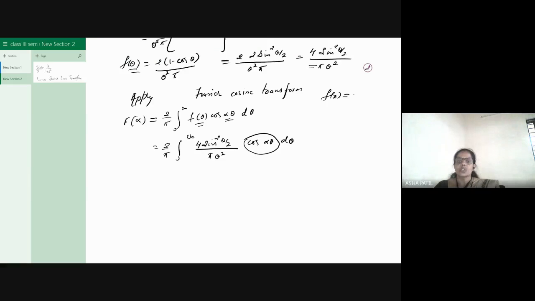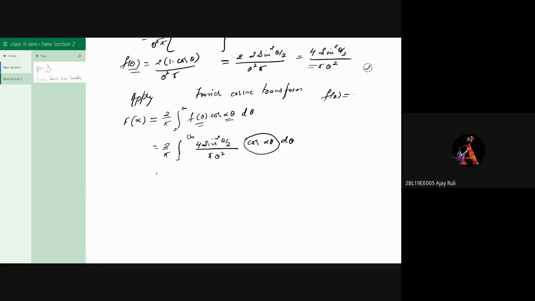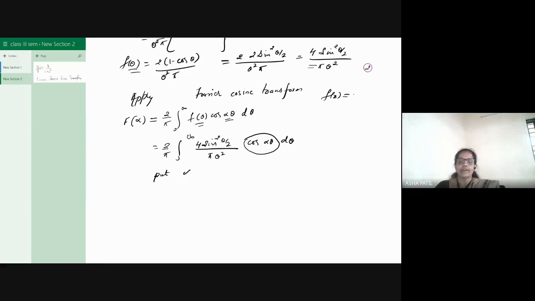Okay. Now what should be substituted for alpha so that this term goes off? 0. Yes. Put alpha equal to 0 so that cos 0 is 1. So this implies cos alpha theta is 1. And what is f of alpha? For alpha equal to 0, where is the function?